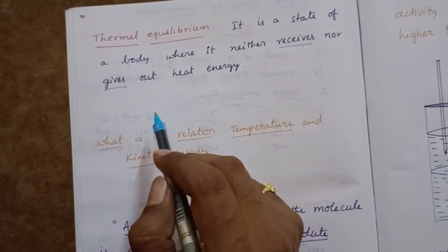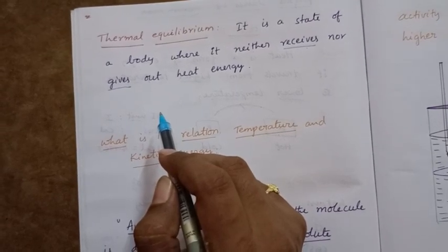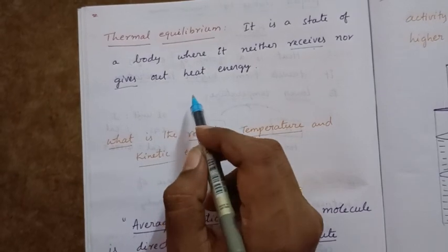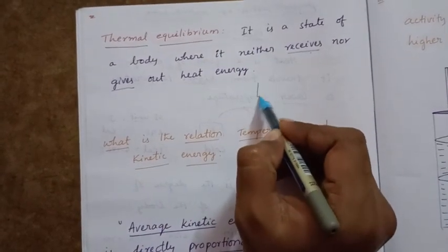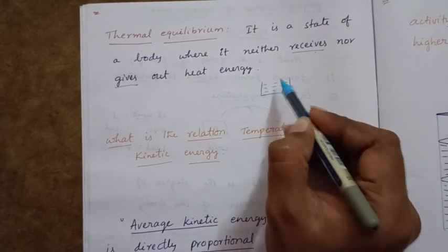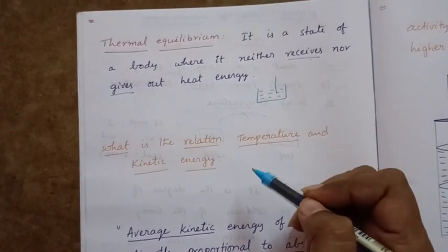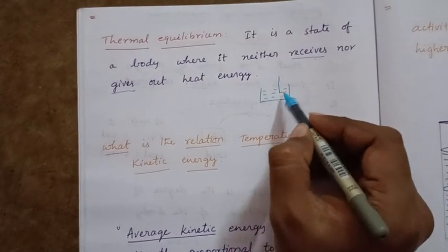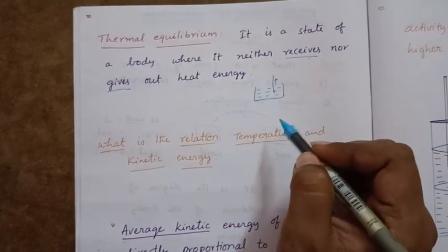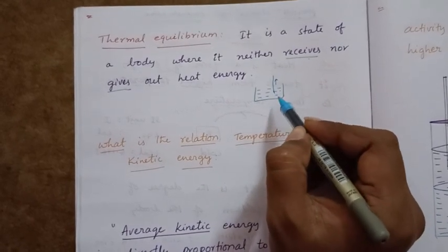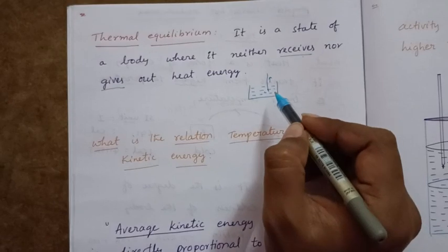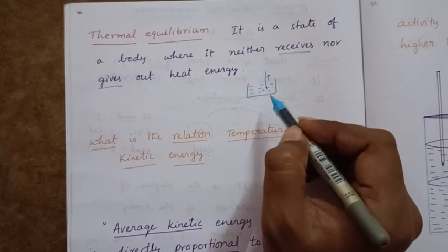Now we know the temperature of anything can be measured with the help of a thermometer. When a thermometer is placed in hot water, the mercury level rises. It starts rising because heat travels from the water to the mercury, and mercury expands on heat.